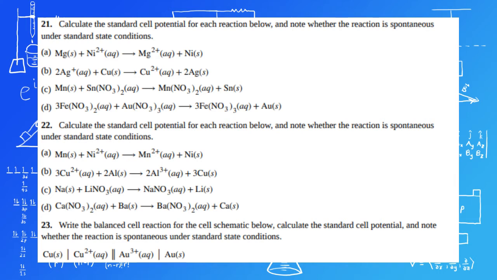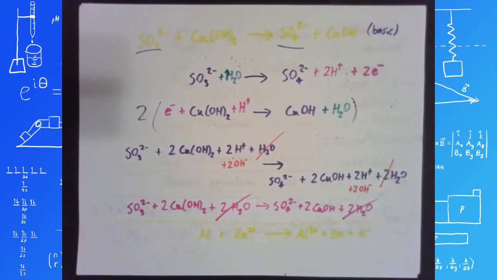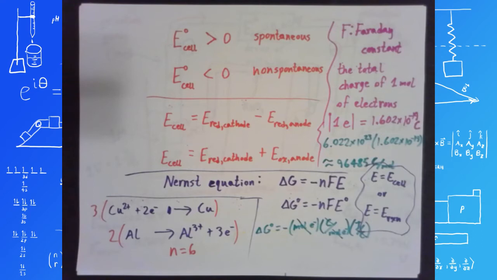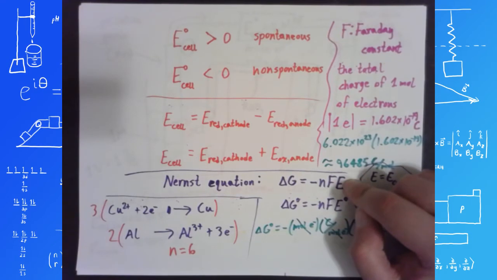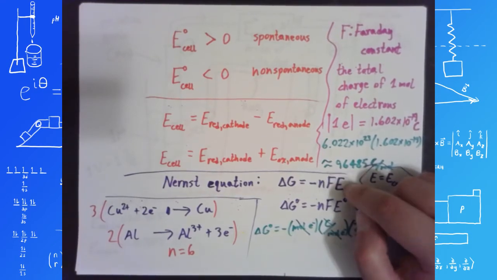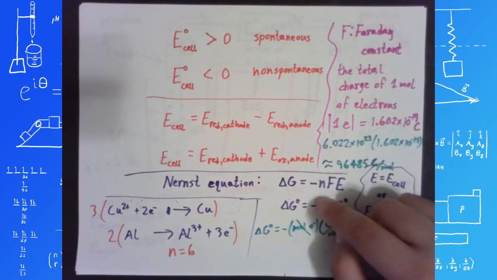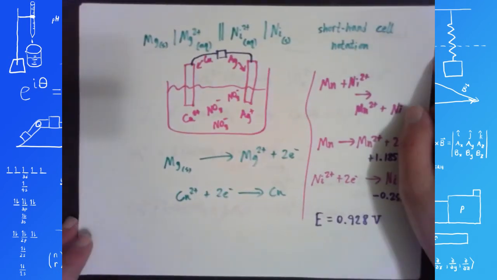And I think I forgot to mention this when bringing up the Nernst equation, actually. Let me switch back for a second here. When we talked about the Nernst equation, I think I forgot to point out the reason for the negative sign is because a positive cell potential is spontaneous, which means a positive E needs to go with a negative delta G, so that's why the negative sign is there, just to ensure that positive E values go with negative delta G values.